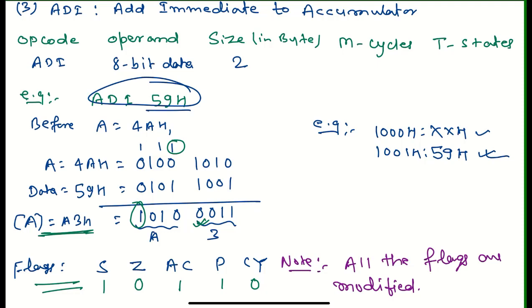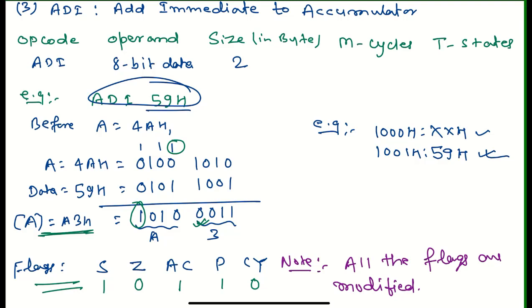Once to read the opcode, and the second machine cycle will be treated as a memory read, because this 59H is coming as an operand from memory to the processor, because it is the immediate data here. This cannot be stored inside the processor, it is outside of the processor, and it can be accessed from the memory. So it is accessing the memory chip two times.